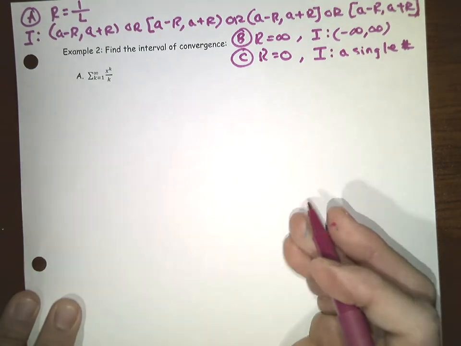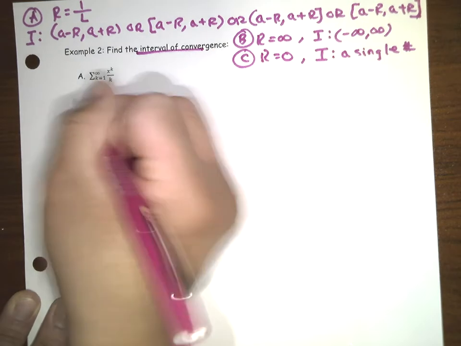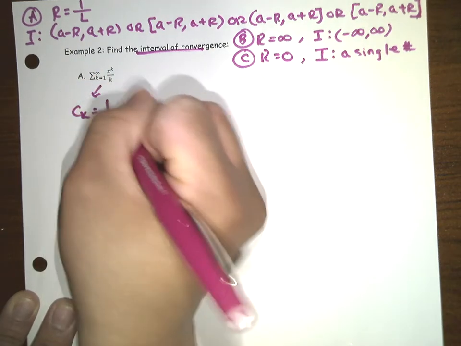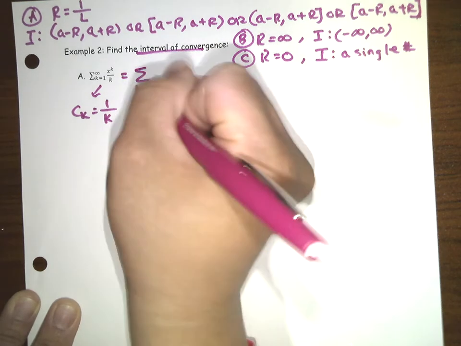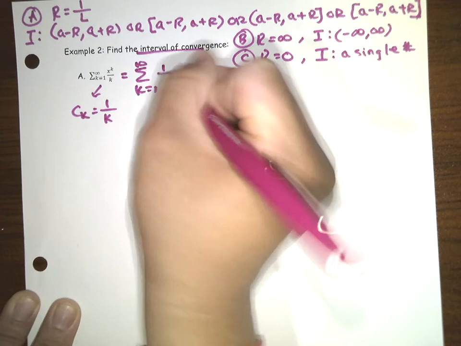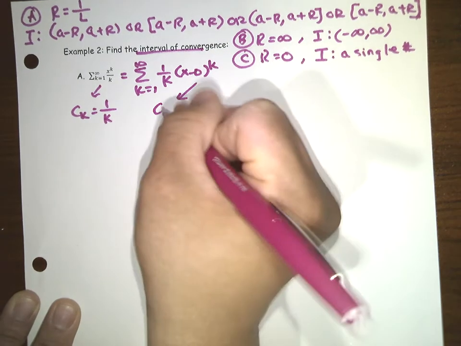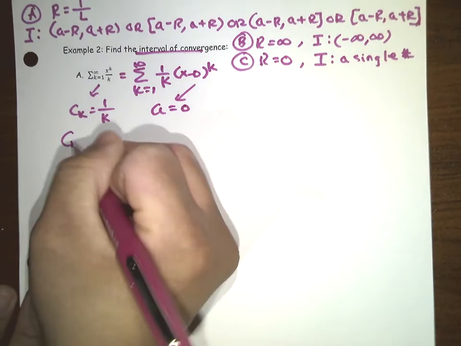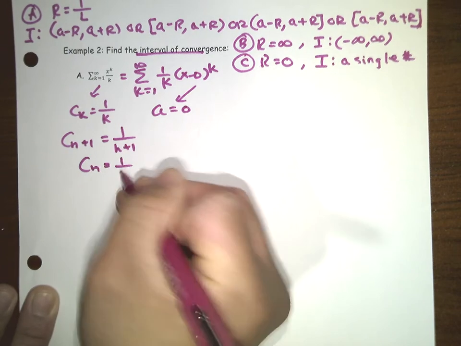All right, so let's look at this first series and find the interval of convergence. So I know that c_k is 1 over k, and if I rewrite this as 1 over k times x minus 0 to the k, then I know that a is equal to 0. So c_(n+1) is 1 over n plus 1, and c_n is 1 over n.